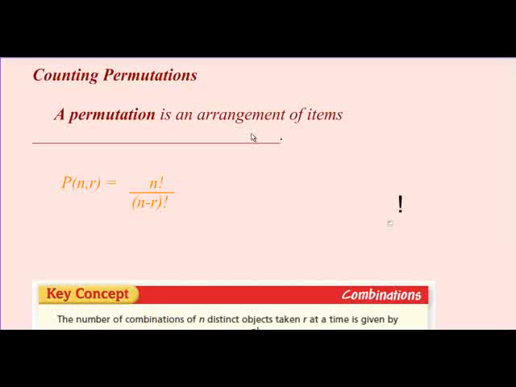So the other two main ideas we have today: a permutation is an arrangement of items in which the order does matter.